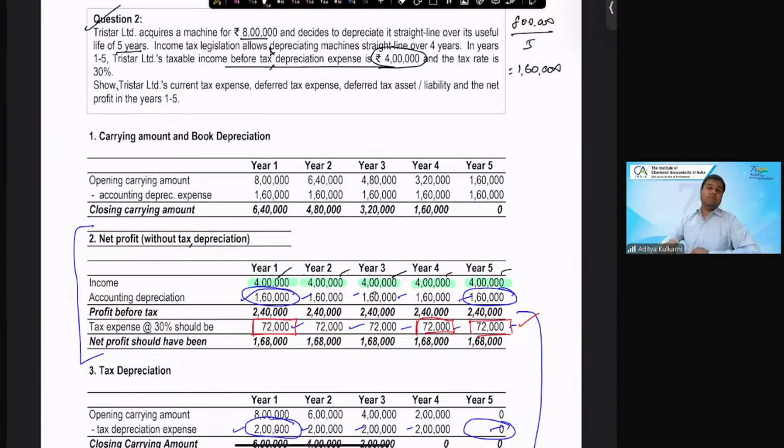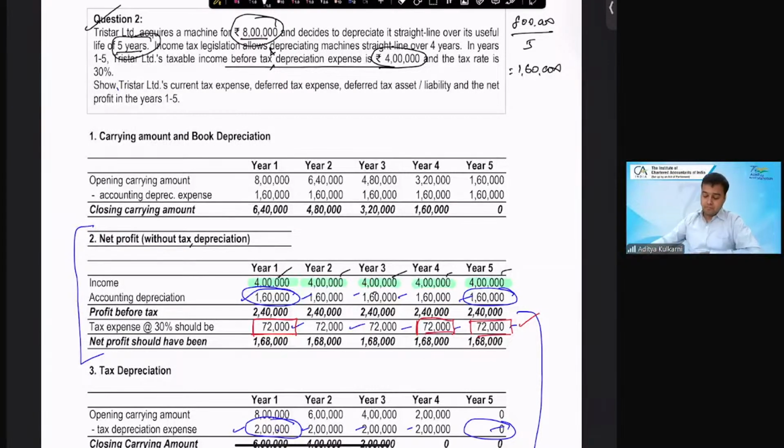Accounting depreciation, this is something you will have to calculate. So accounting depreciation is 8 lakhs divided by 5 years. 8 lakh divided by 5, 1,60,000 per year. Are we okay with this? Yes, sir. Profit before tax is 2,40,000 for each of the years.